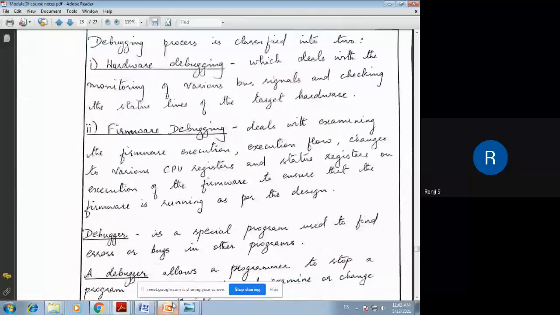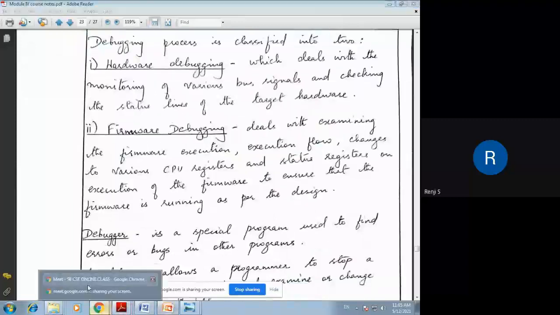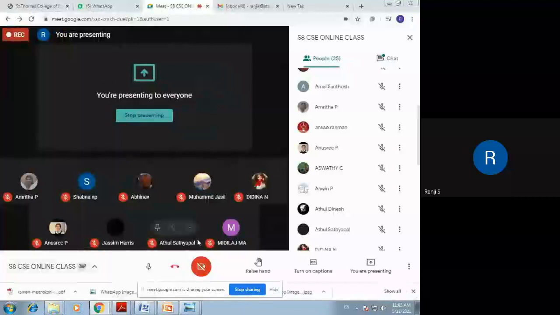Okay. So, what are the different kinds of debugging? Ashwin, can you say the answer? Or you can type in your chat box.